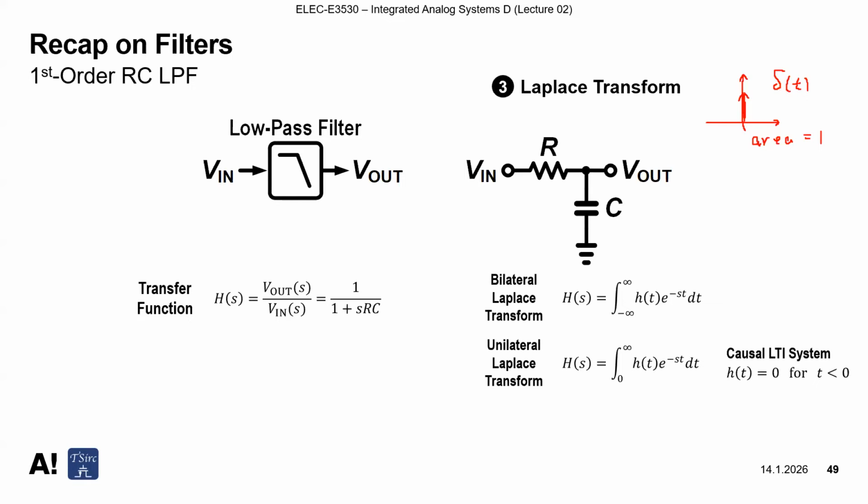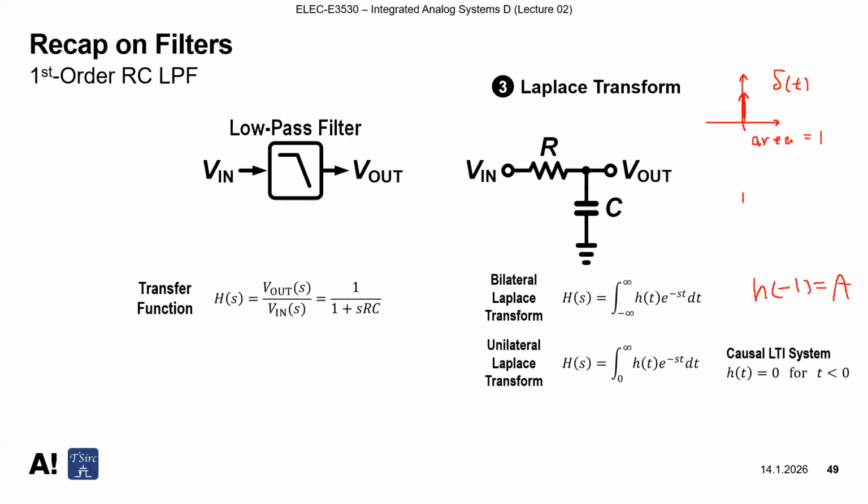It means that it reacts only if we give the input. So let's assume that there is some non-zero value of h(t) for negative t, such that h(-1) is some value.